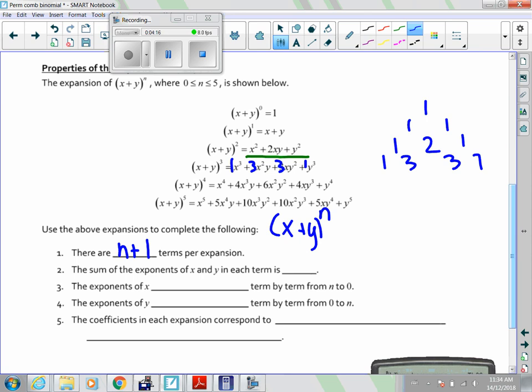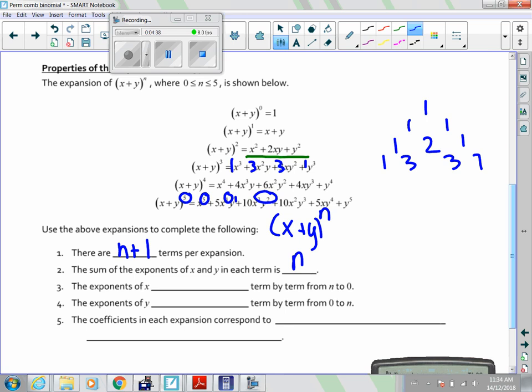The sum of the exponents of x and y in each term is always n. If you look up here at x to the 5th, here we have 4 and 1, 3 and 2. They always add to 5. So that's a useful thing to note.